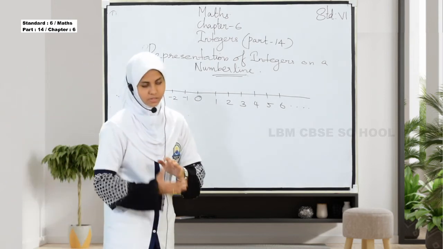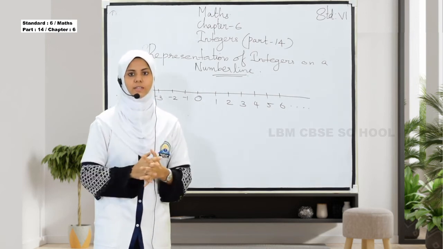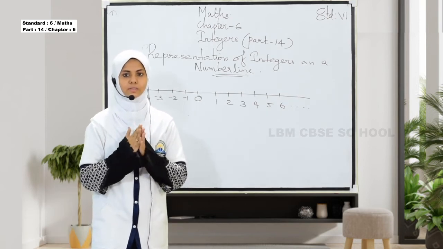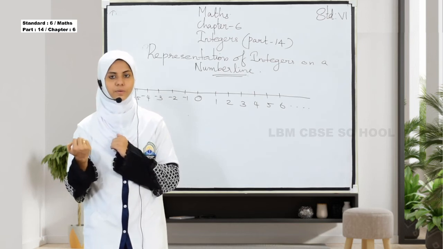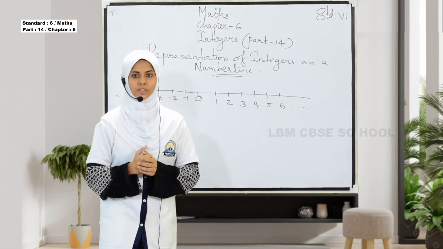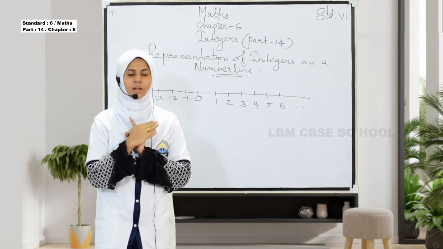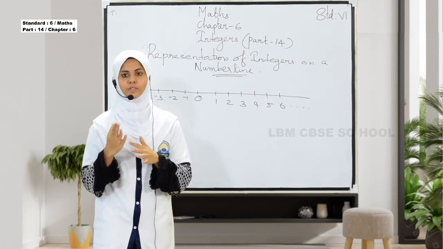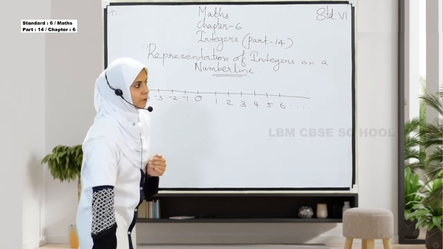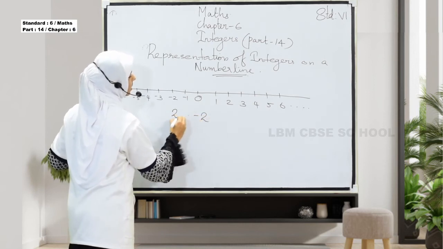So today we started a new chapter, that is integers, and we studied what integers are. What are integers? The collection of numbers ..., -4, -3, -2, -1, 0, 1, 2, 3, etc. is called integers, and we studied 3 types: 0 is an integer, positive integers and negative integers. A negative integer is the opposite of the positive integer; that is, 2 is a positive integer and -2 is the negative integer.